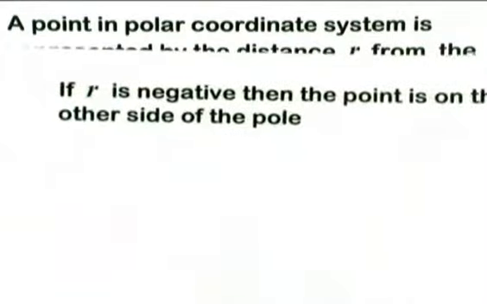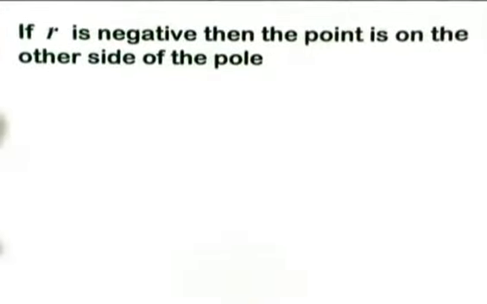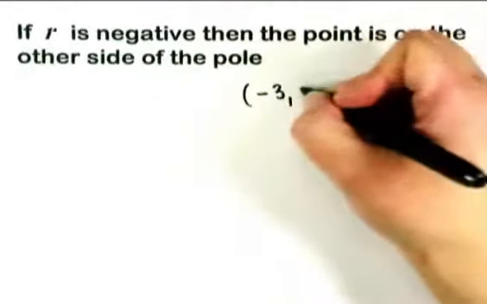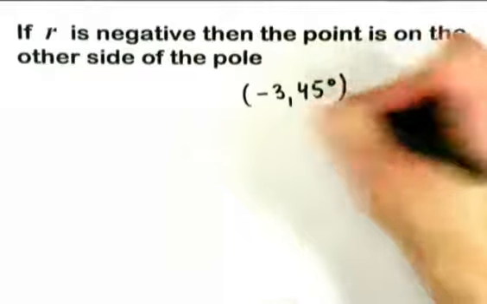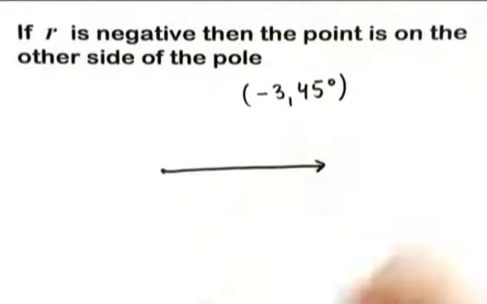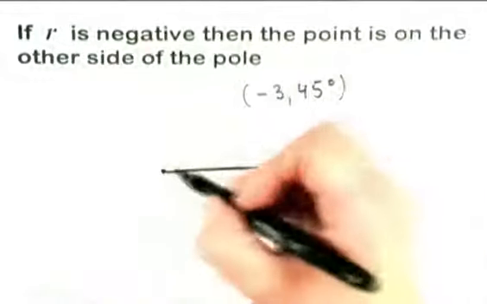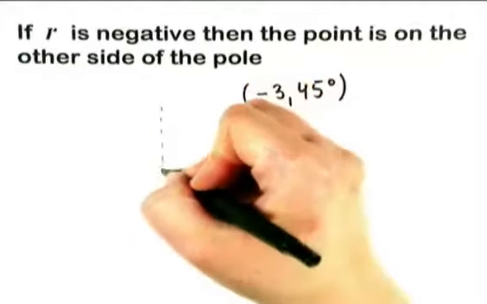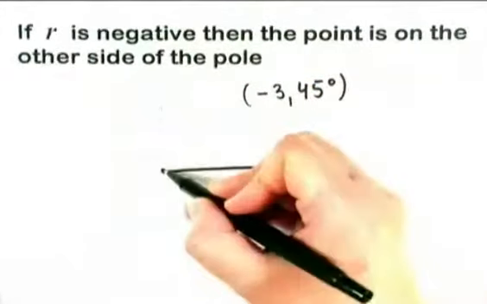Now, the distance r can be negative, and if the distance is negative, that means the point is on the other side of the pole. For example, if I have coordinates (-3, 45 degrees), we need to have a pole, the polar axis, and we measure 45 degrees. Here is the 90-degree angle, so 45 is right in the middle.